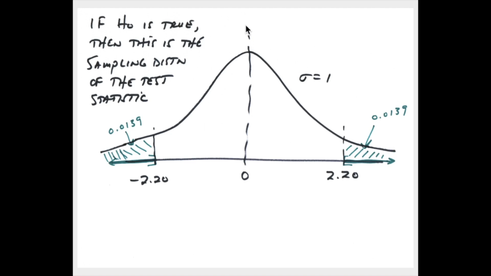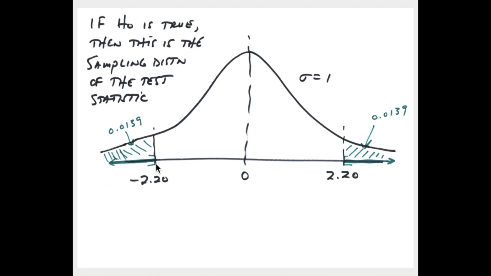It's a bell-shaped curve, centered at 0, with a standard deviation of 1. So if the null hypothesis is true, then zcalc has this distribution, and there's a very high probability that zcalc is going to be somewhere close to 0. In this particular situation, the observed value of the test statistic was negative 2.2, correct?